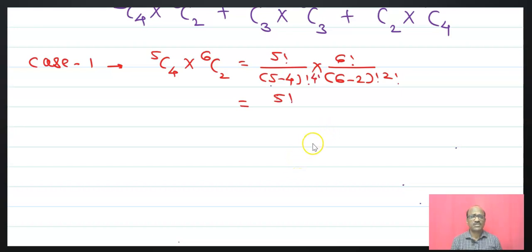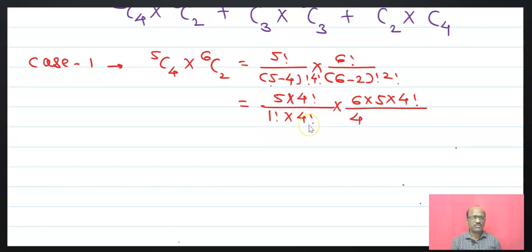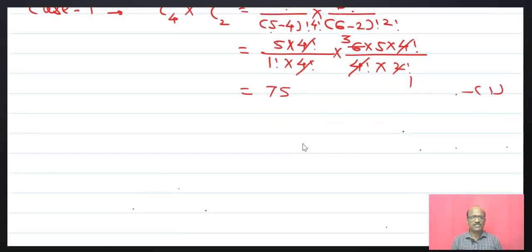Now perform the calculations. That is 5 into 4 factorial upon 1 factorial into 4 factorial. You can perform the calculations on your own. That is 75. First case is 75 chances.